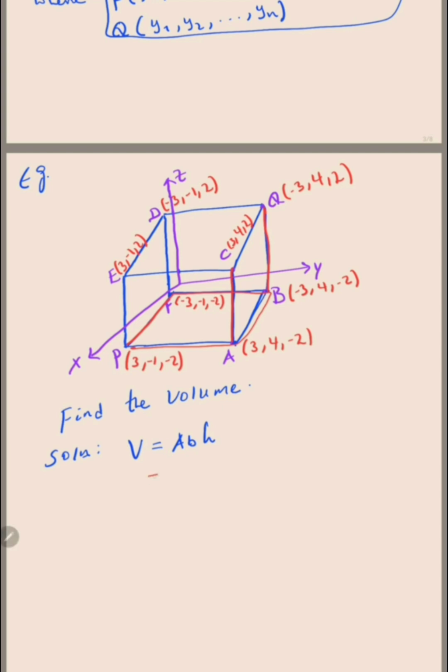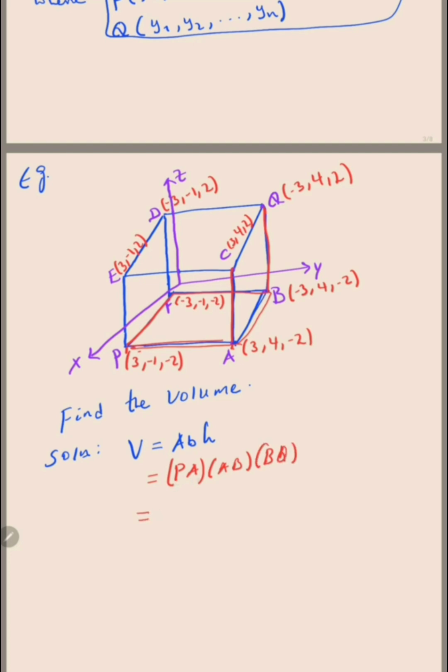The area of the base, since it's a rectangle, is length times width. So we have side PA, the distance between these 2 points P and A, which is a line segment, times the distance AB, times you can use either AC or BQ as the height. For me, I choose BQ.